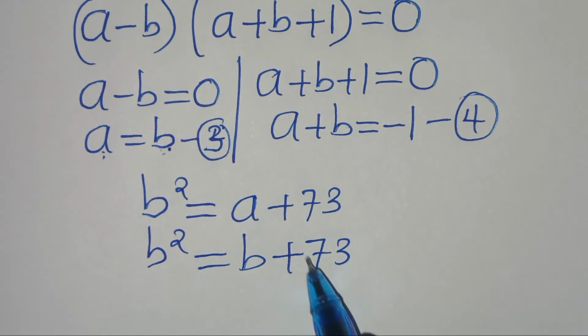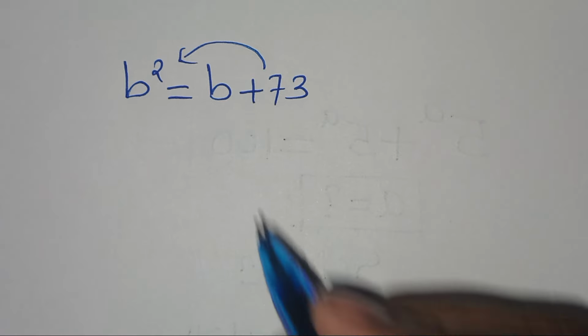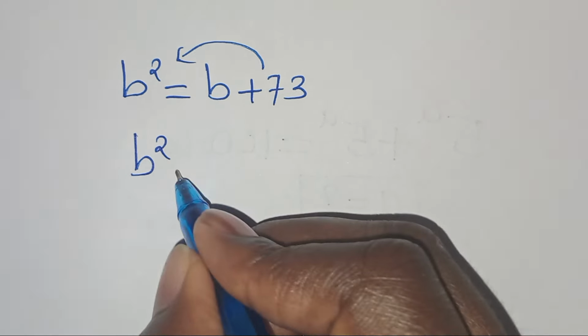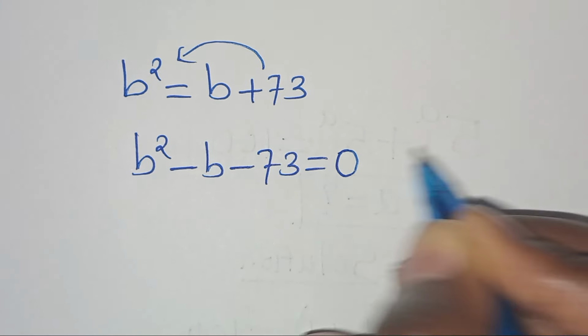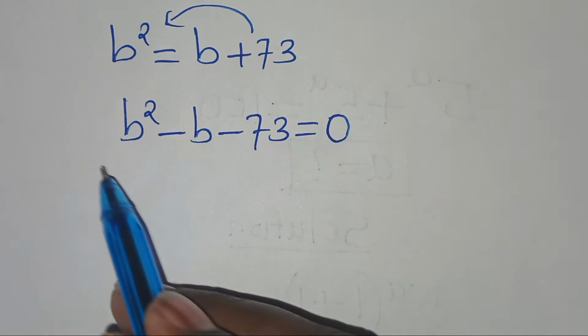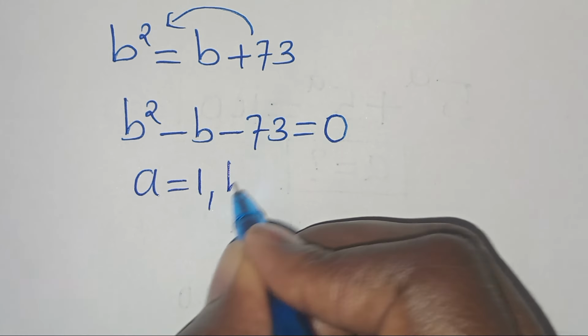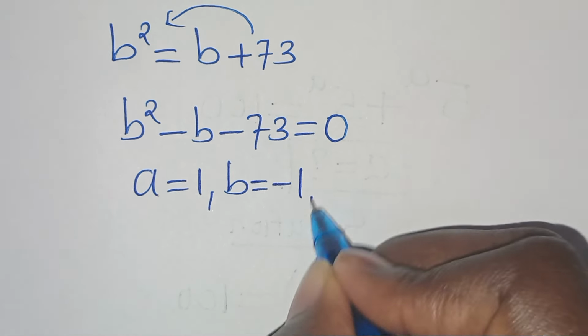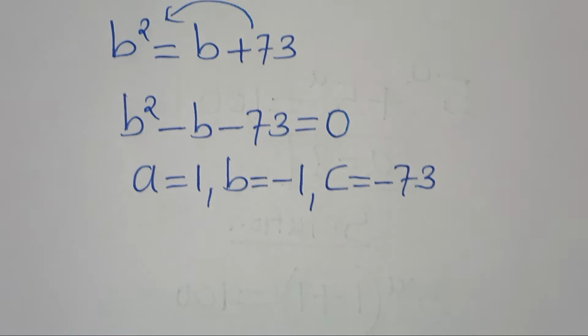So let's take b plus 73 on the left hand side, so that now we have b squared minus b minus 73. This is equal to 0. Now this is a quadratic equation where we have a is equal to 1, b is equal to minus 1, and c is equal to minus 73.